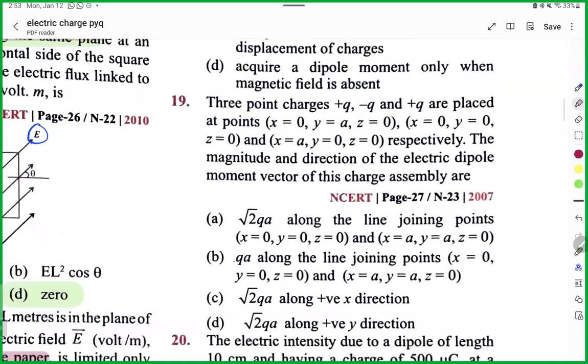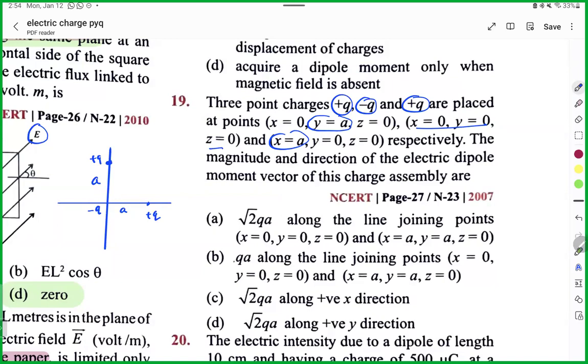This was the same question. You have three charges. Your first charge, plus q, is placed on the y-axis at a distance a. The second, minus q, is placed at the origin. And the last, plus q, will be placed here, also at a distance a.